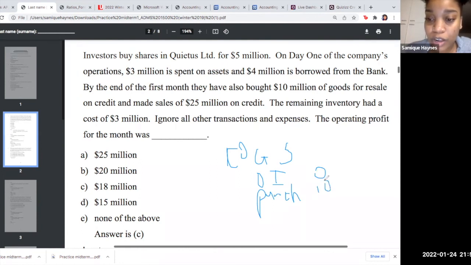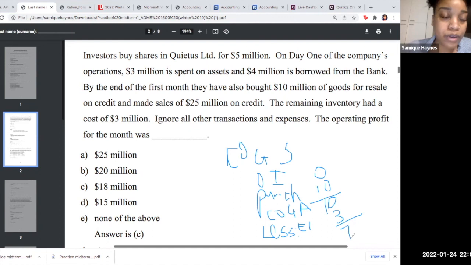That's our cost of goods available for sale, 10 million, less our ending inventory of $3 million, which leaves our cost of goods sold as $7 million, right?